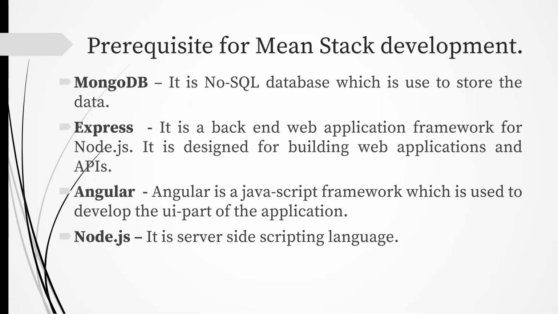It is a backend web application framework for Node.js, designed for building web applications and APIs. Then we require Angular. Angular is a JavaScript framework which is used to develop the UI part of the application. Then we need Node.js. It is a server-side scripting language.